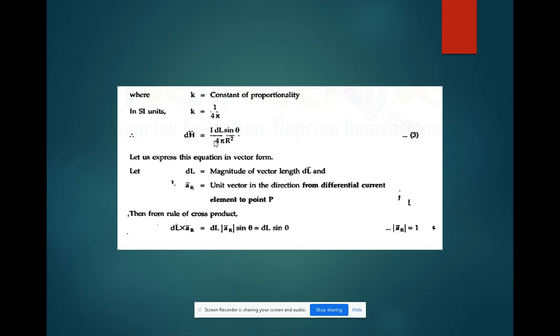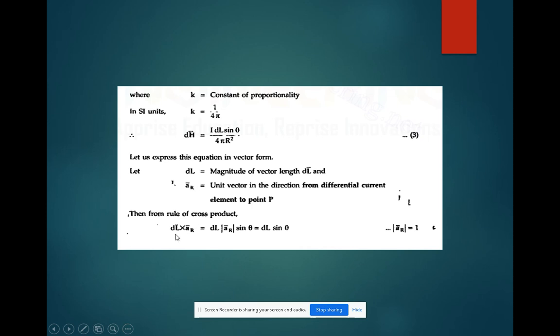Now you want to express the equation in vector form, so we write the magnitude of the length as the dl vector. The unit vector, which represents the direction from the current element to point P, will be aR vector.